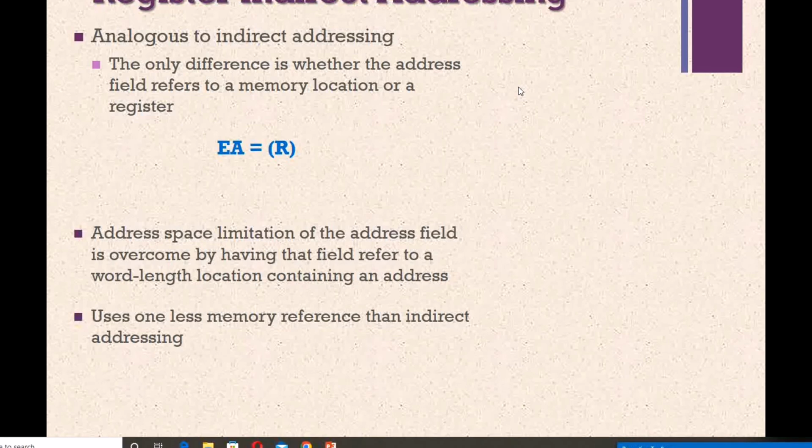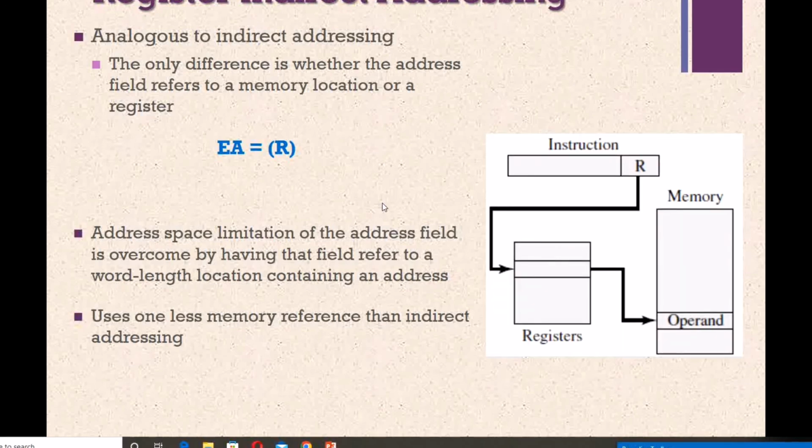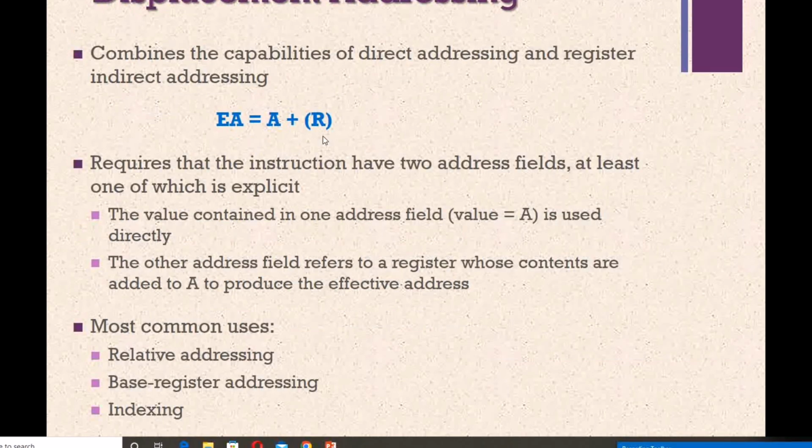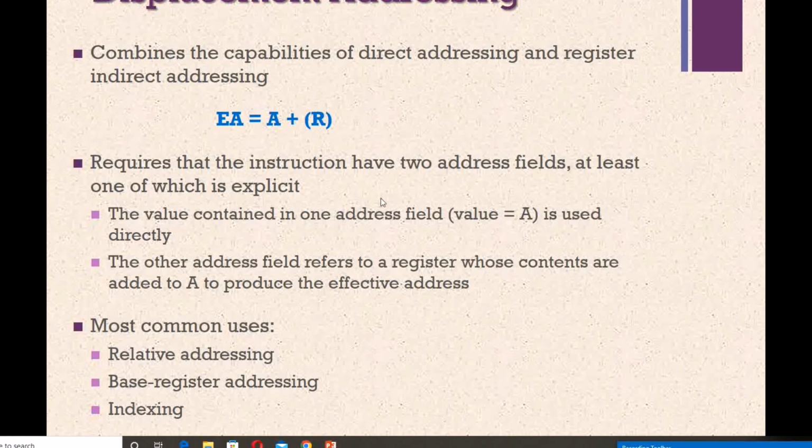Displacement addressing combines the capabilities of direct addressing and register indirect addressing. In this example, you see that it requires that instructions have two address fields, at least one of which is explicit. The value contained in one address field is used directly, and the other address field refers to a register whose contents are added to it, and then it performs the next task.